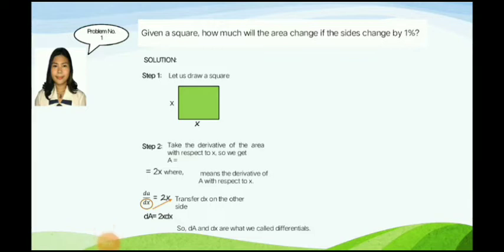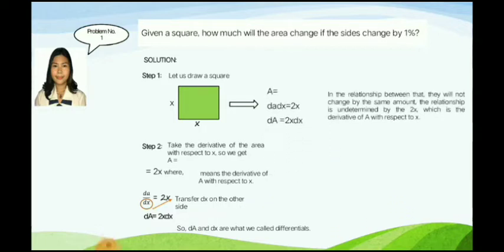So dA and dx are what we call differentials, which means that if x changes by a small amount dx, A will change by some small amount. They will not change by the same amount. The relationship is determined by the 2x, which is the derivative of A with respect to x.